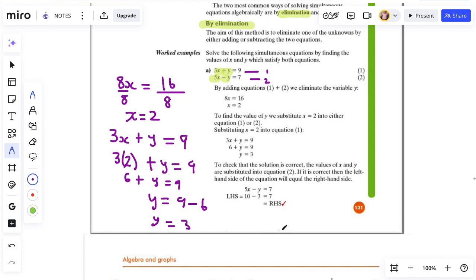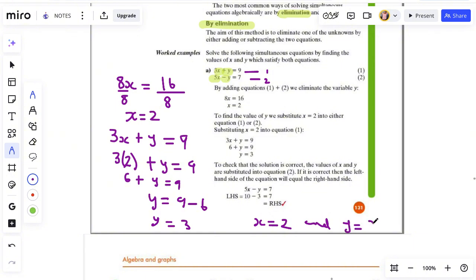Now, when you finish, you must bring the two answers together. You say x equal to 2 and y equal to 3.